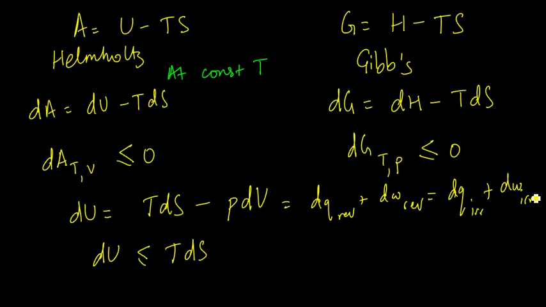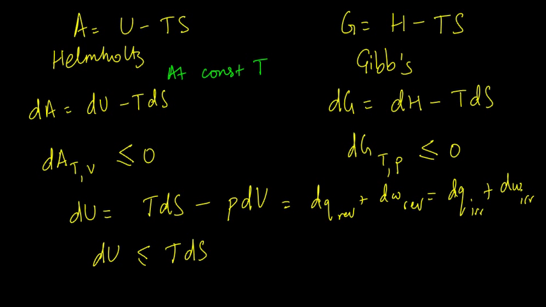Since U is a state function. But from this equation, I cannot write that dq reversible is equal to dq irreversible. dq reversible is given by TdS, and dw reversible by minus PdV, right? But these depend on the path.